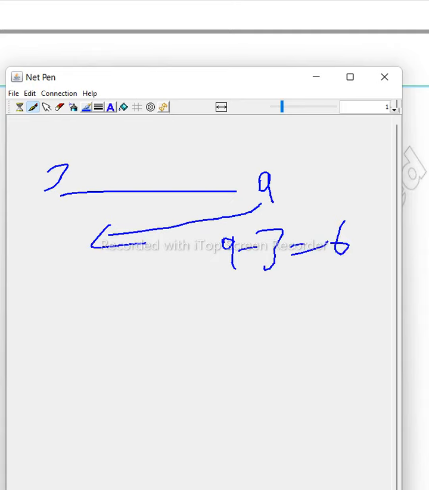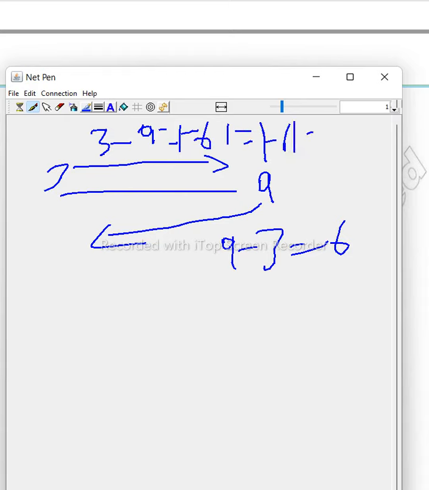Again, when we measure from 3 to 9, it will be 3 minus 9, which is equal to minus 6. When we measure distance there is no negative meter, so we can say that the absolute value of minus 6 is equal to 6. We can conclude like this.